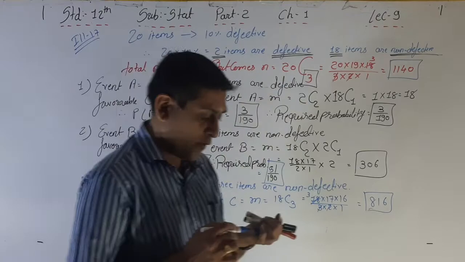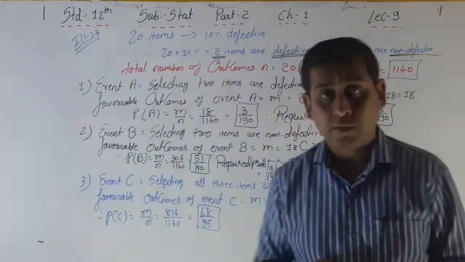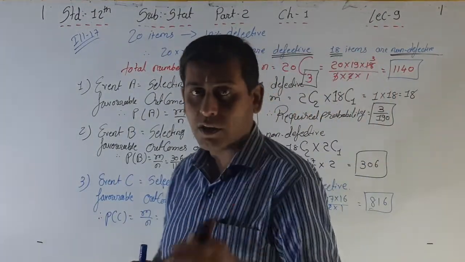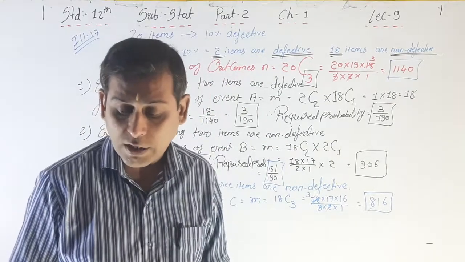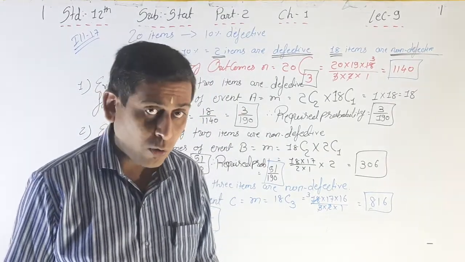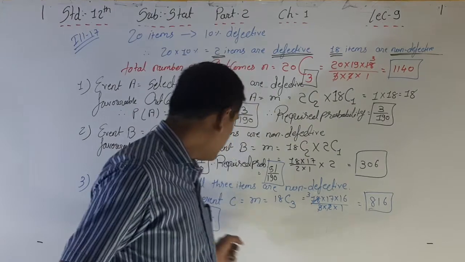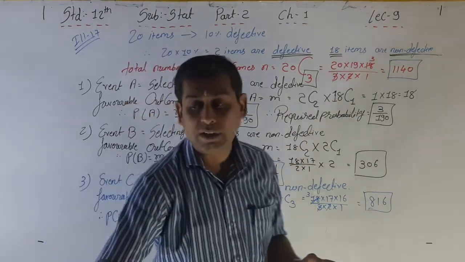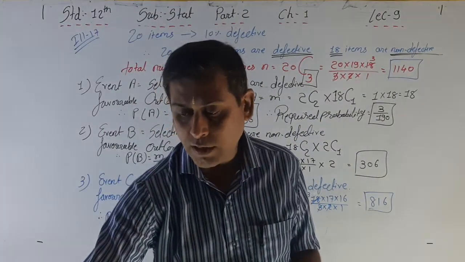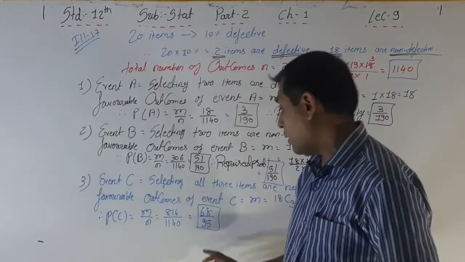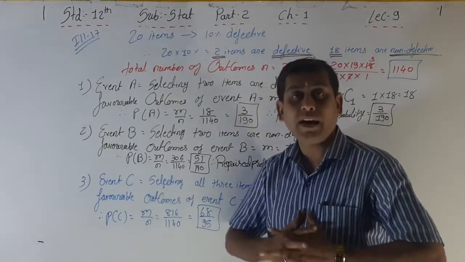First of all, we have to divide by 6. Divide it by 6 in your calculator. Do it by yourself. Write down 816 divided by 6, what is your answer? And 1140 divided by 6.